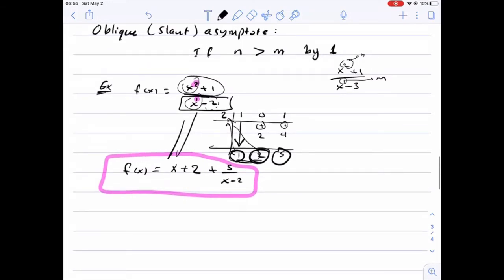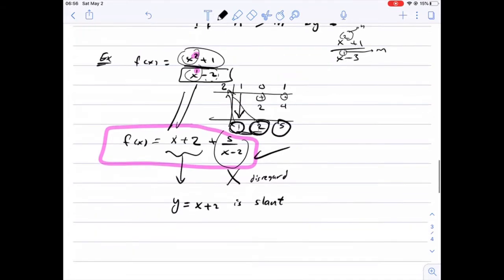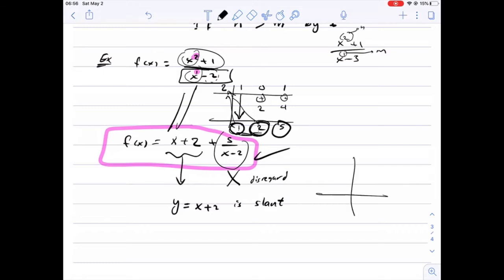Now we could write the function in another equivalent form, and then we disregard this. Just don't worry about this. Just focus on this expression. So y equals x plus 2 is a slant. If we want to graph it, then when x equals 0 we get 2, when x equals negative 2 we get 0.